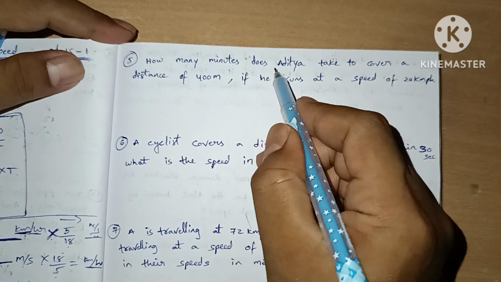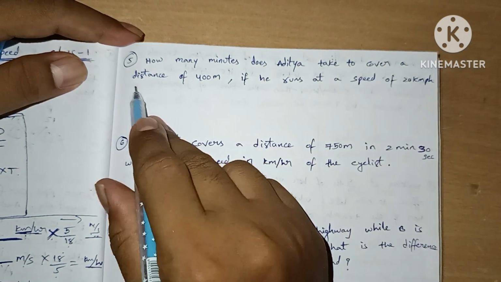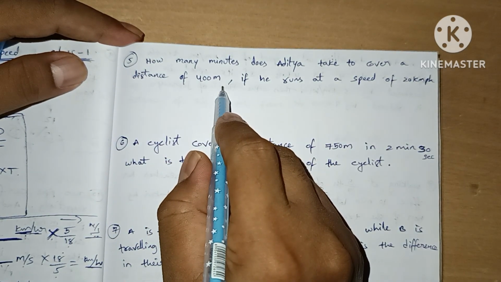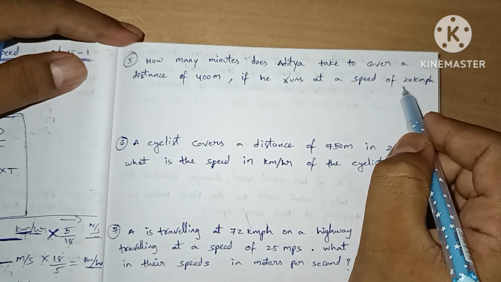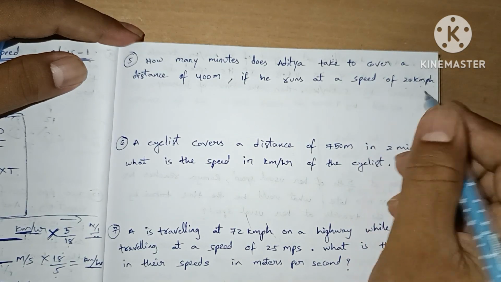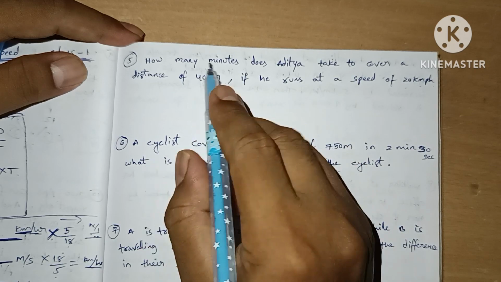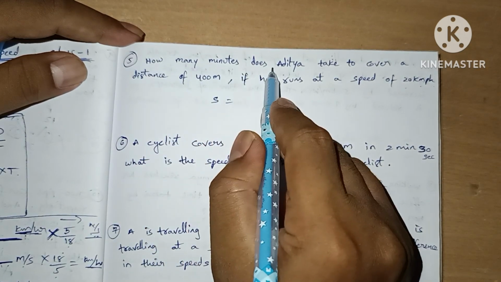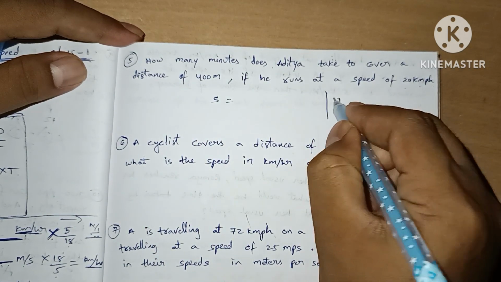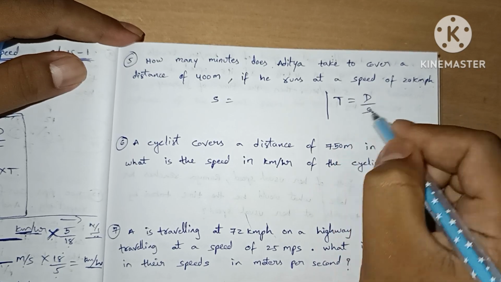Okay, let's see the fifth question. How many minutes does Aditya take to cover a distance of 400 meters if he runs at a speed of 20 kilometers per hour? So speed is given as 20 kilometers per hour. We need to find how many minutes. We need to find the time. Time equals distance by speed.